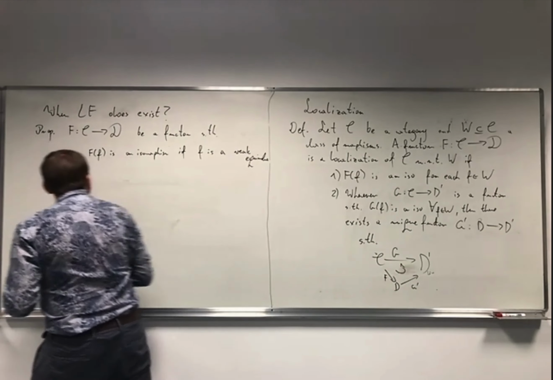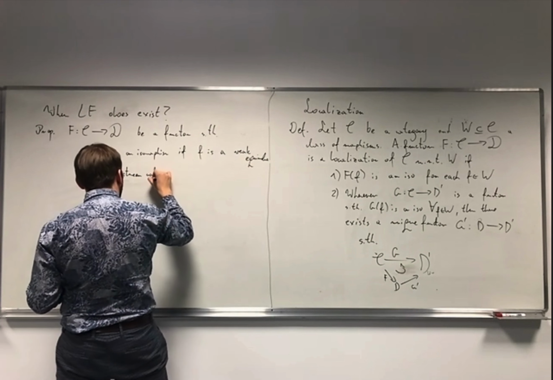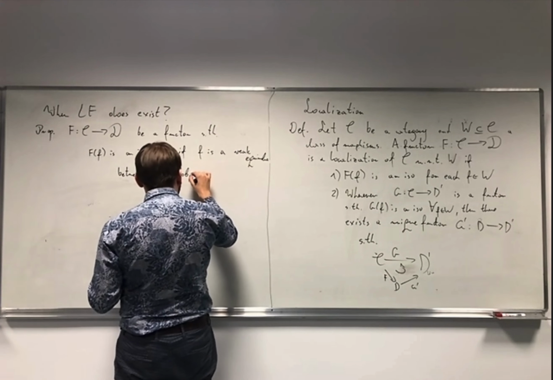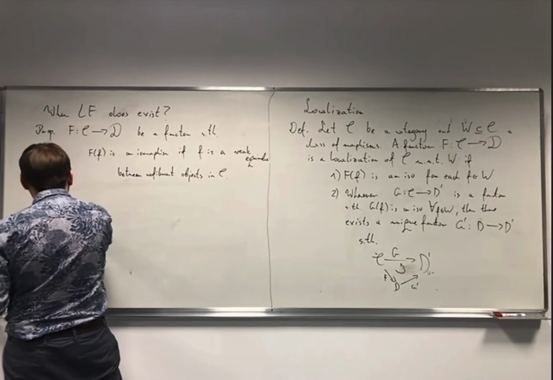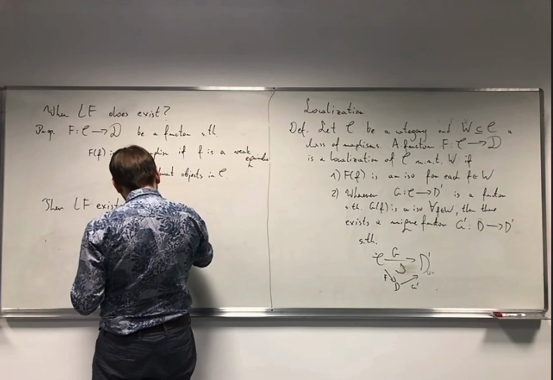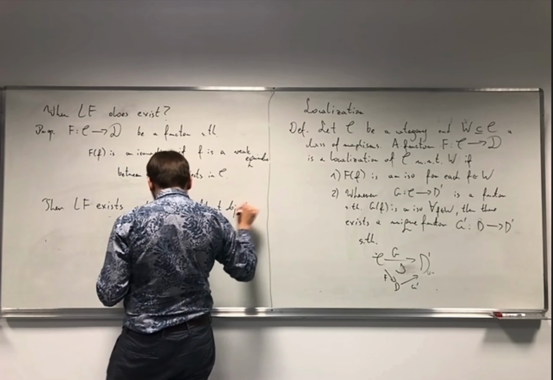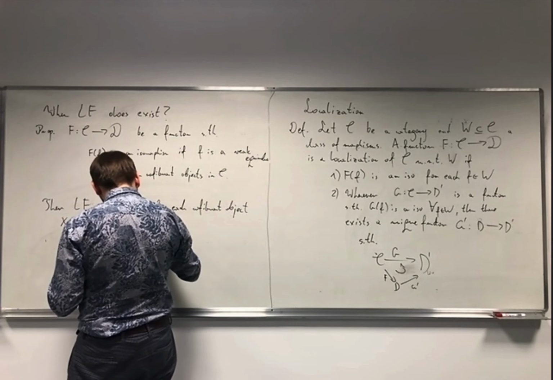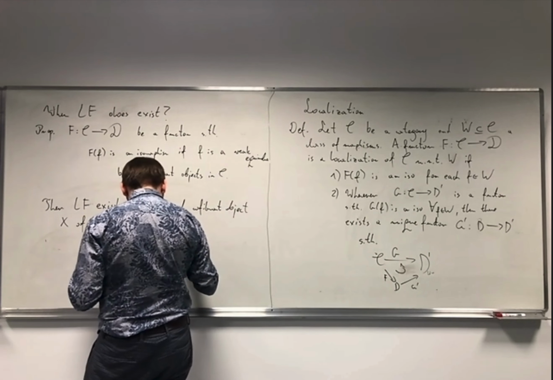There is only one condition: F of f is an isomorphism if f is a weak equivalence between cofibrant objects in C. Then LF exists, and for each cofibrant object X of C, the map T_X going from the left derived functor of X to F of X is an isomorphism.